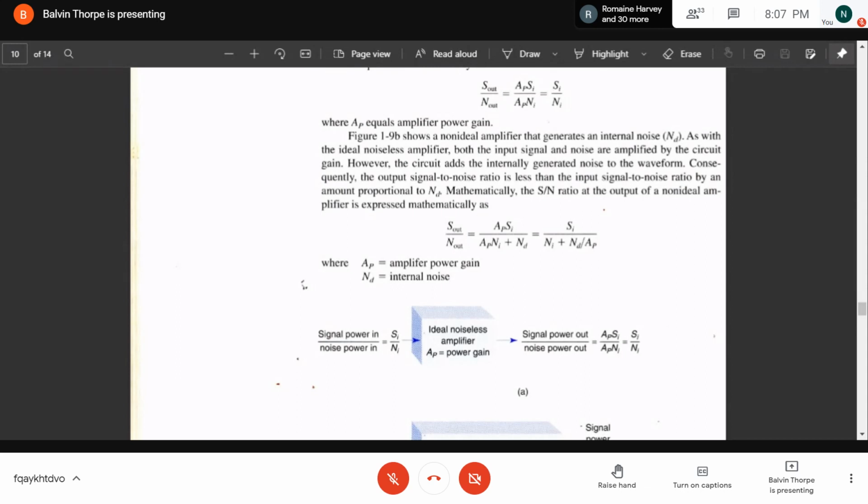Hence, we have to be cognizant of that in order for us to understand the overall performance of the system as it relates to signal to noise ratio.